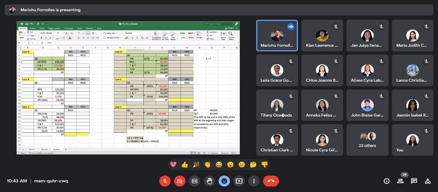Units transferred in. So kung naay transferred out, naasay transferred in. So ang transferred out ni Department A, maurasad ang transferred in ni Department B.